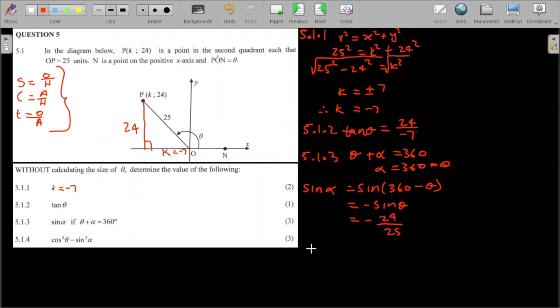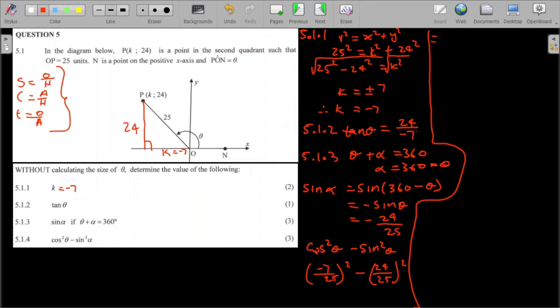Now doing cos squared theta minus sine squared theta. Cos is adjacent over hypotenuse, so adjacent is negative 7 over hypotenuse 25, all squared, minus sine, which is 24 over 25, all squared.